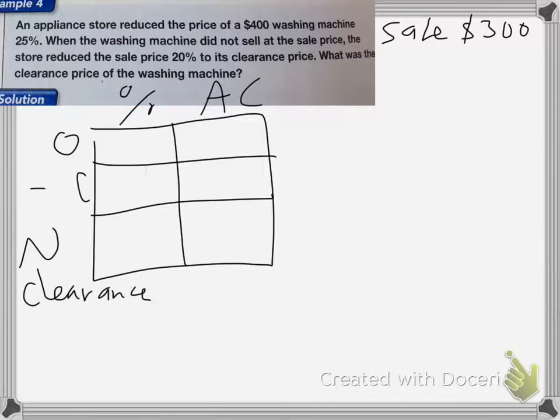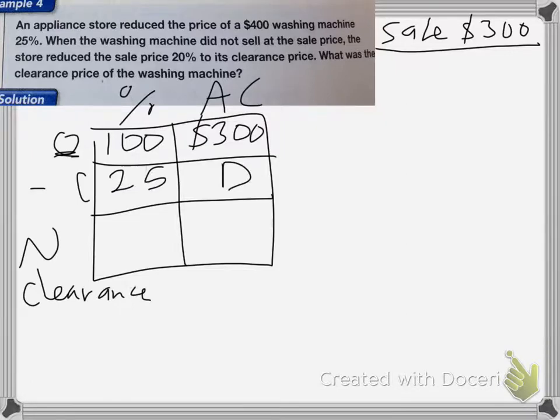Okay, so percent is still going to be 100%, but our original this time is the sale price, which is the $300, minus the change, which is 25%, which is our discount, and our new clearance price again is 75%. Oh, sorry, I was looking at the wrong numbers. So it's 20 and then 80%. There we go, for our clearance.